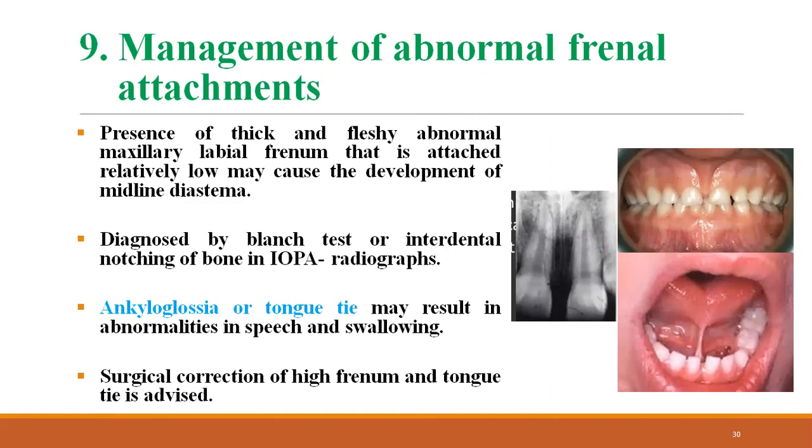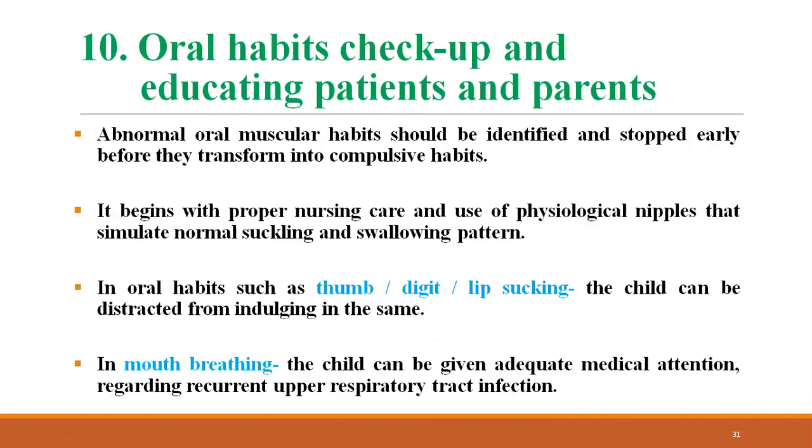It causes blanching of the tissue near the incisive papilla. High frenal attachment can also be diagnosed by interdental notching of bone in the IOPA radiographs here. Ankyloglossia or tongue tie may result in abnormalities in speech and swallowing. So surgical correction of a high frenum and tongue tie is advised.